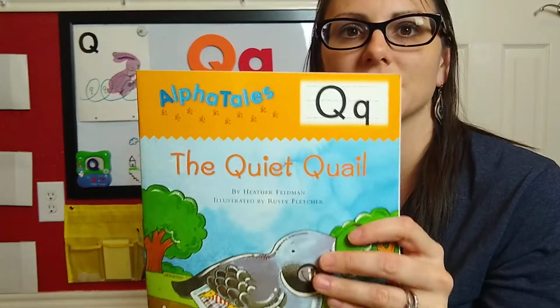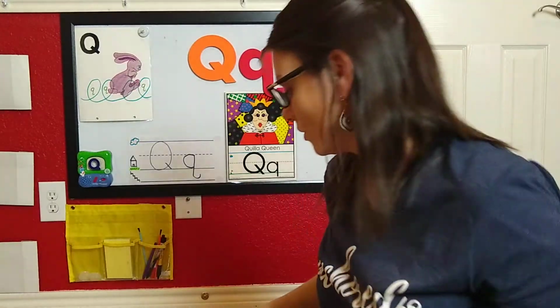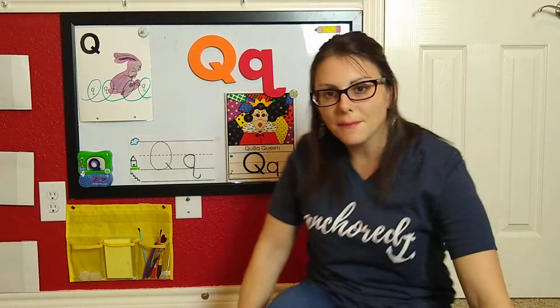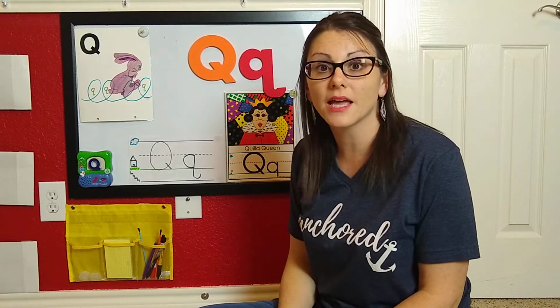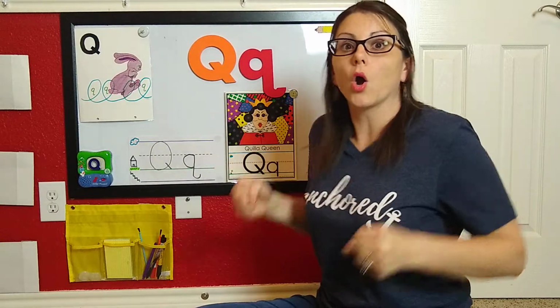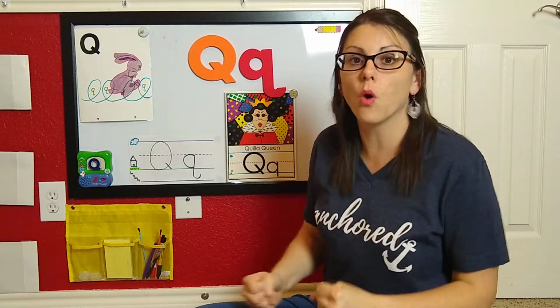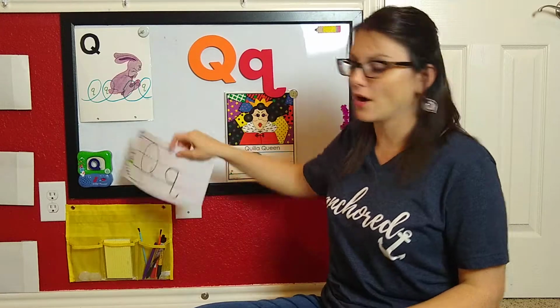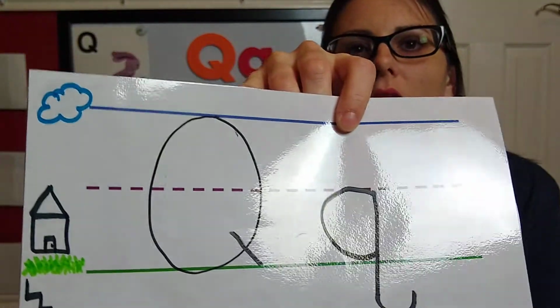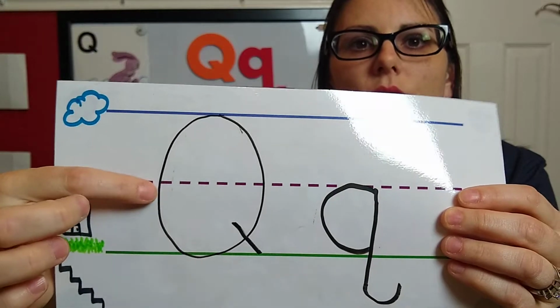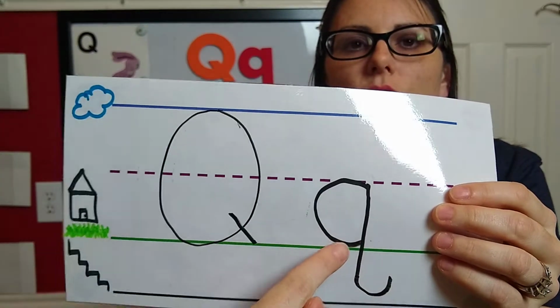All right, this was the letter Q. All right, friends, can you tell me what Q says? Remember, here's our poster. Q says, "Quack, quack, quack." Very good. All right, see if you can practice with Mom and Dad making our capital Q and our lowercase q.